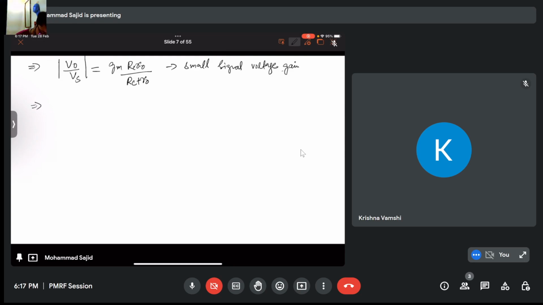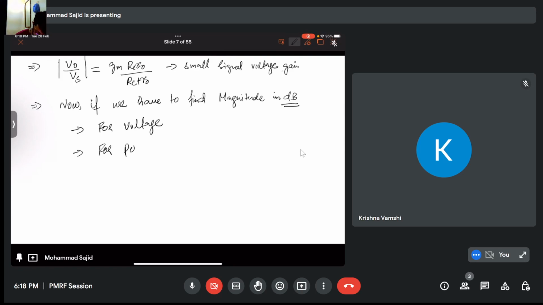Okay, now if we have to find the magnitude in dB, what do we do for voltage, and for power? What is the formula?